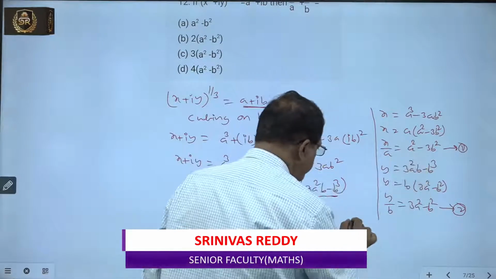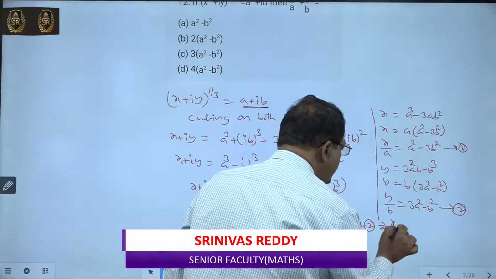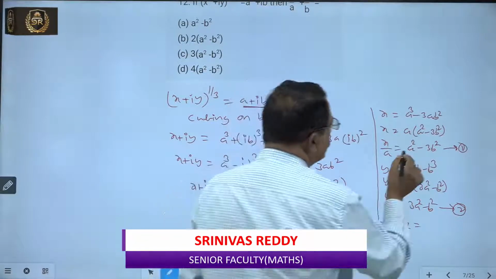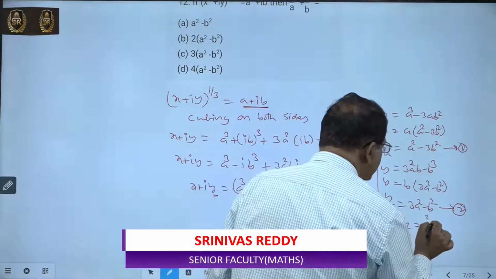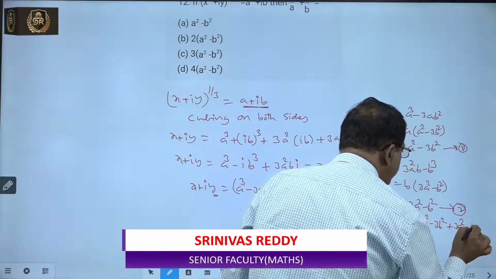But we require the value x by a plus y by b. Add 1 and 2: x by a plus y by b equals a square minus 3b square plus 3a square minus b square.